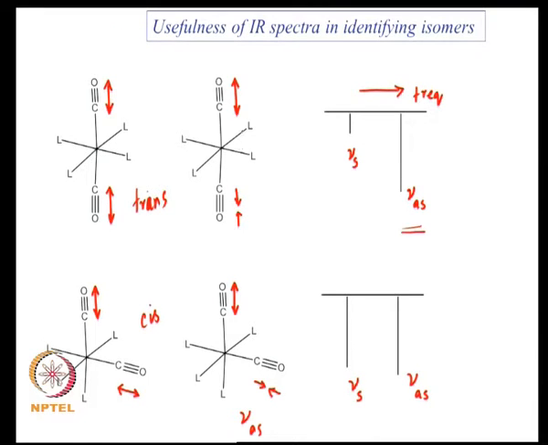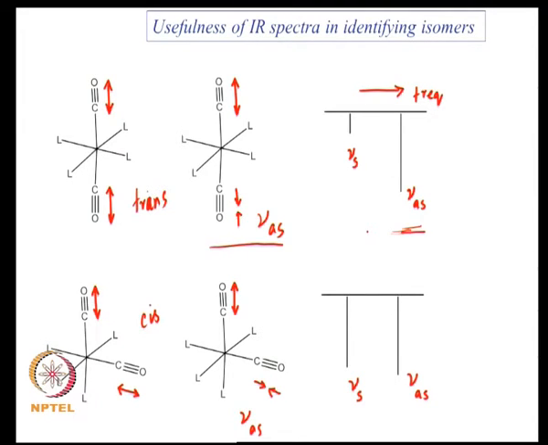In the other case, the asymmetric stretch, you have pulling apart of one carbon oxygen bond, and in the other carbon oxygen bond you have a compression of the C and O. So, this leads to an asymmetric stretch, which is observed as a very strong band in the infrared spectrum, but the symmetric stretch is a very weak signal, or in some cases not observed.